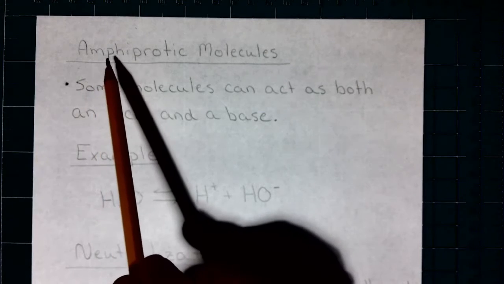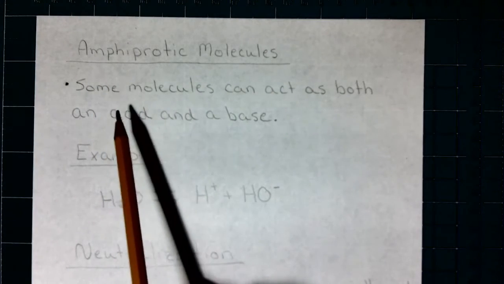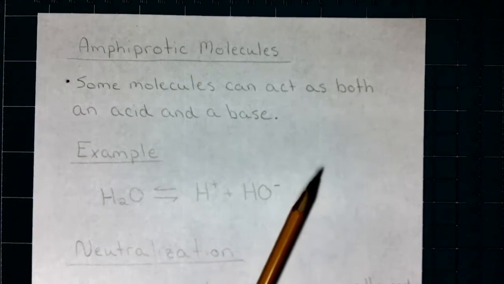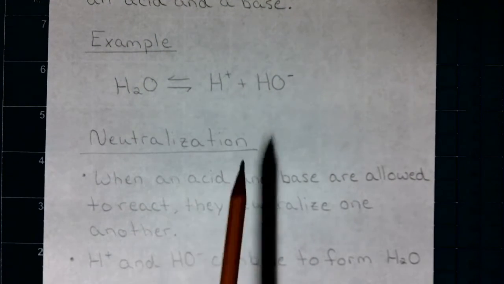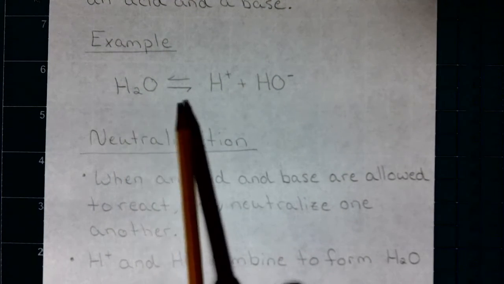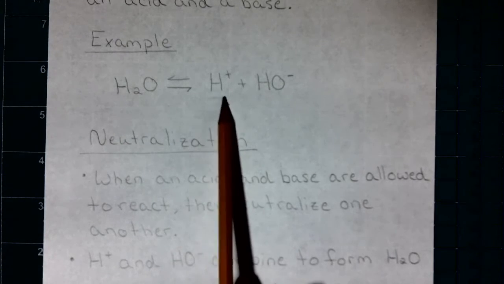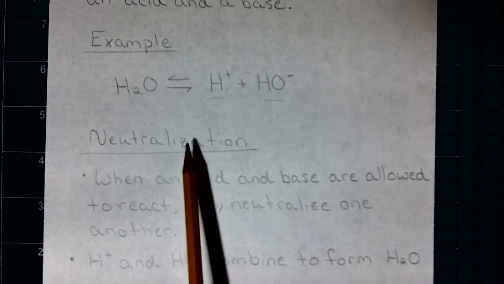Now I'm going to introduce the idea of the amphiprotic molecules. Okay, so some molecules can act as both an acid and a base. And the classic example is water. Water will actually dissociate in itself, and it will produce a proton and a hydroxide ion.